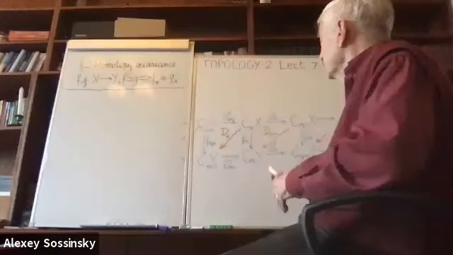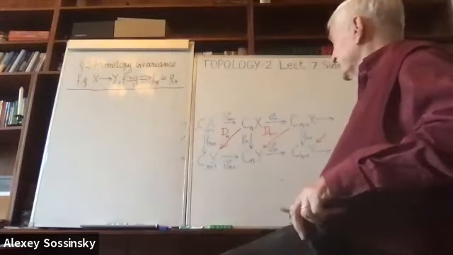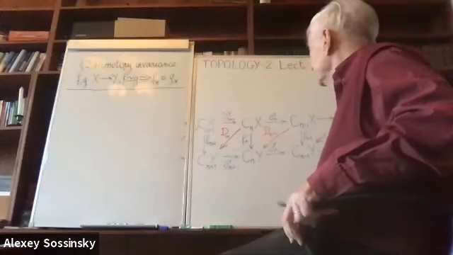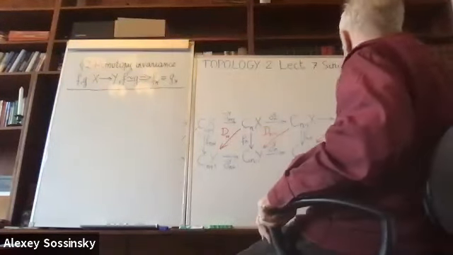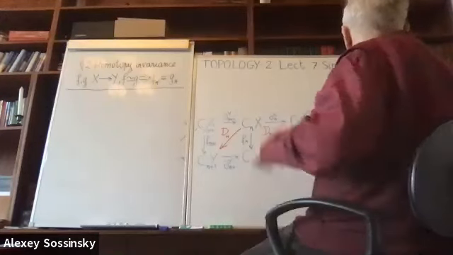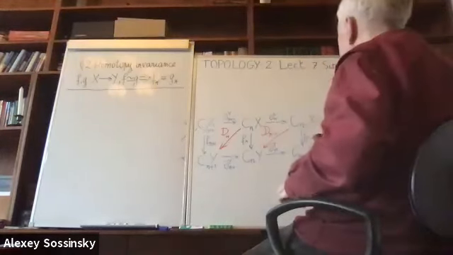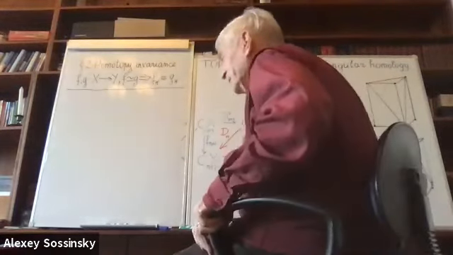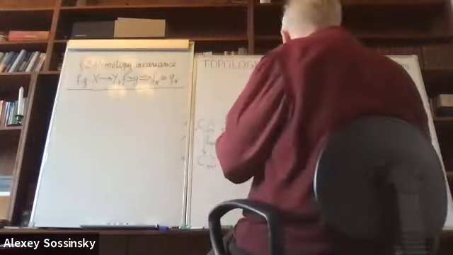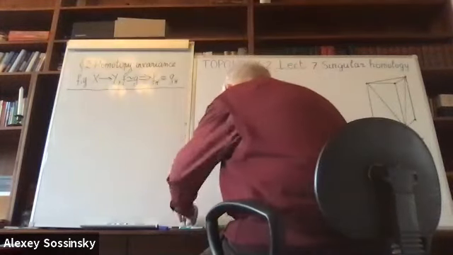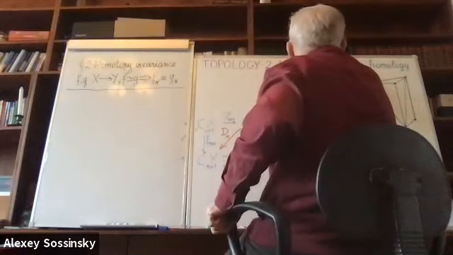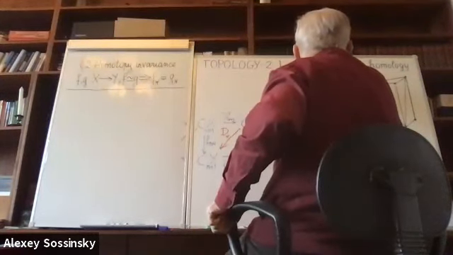Okay, so now our next aim is to define these maps dn. To do that, we will consider the following situation. Let me draw another picture here. We have our space X up here.